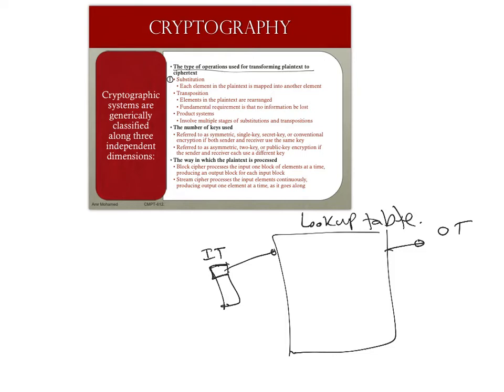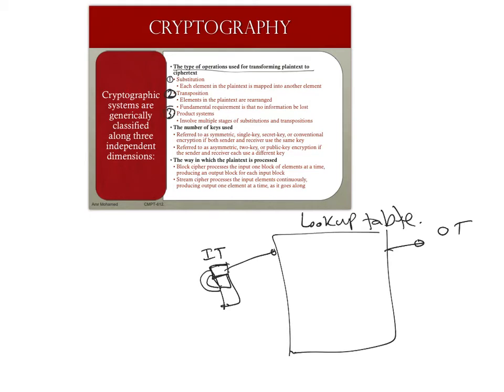Transposition is, in fact, where we don't actually convert or transform the text. Yet what we do is that we take certain parts of the input text and then we shuffle them. We change their location, but we don't transform them into something else. Most of the encryption algorithms that we will talk about will perform one of these two operations.